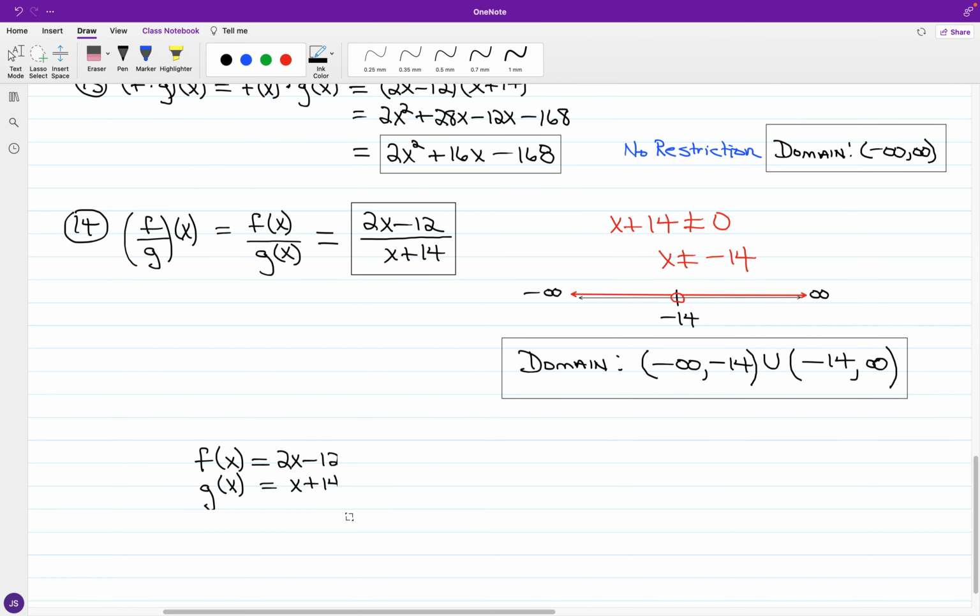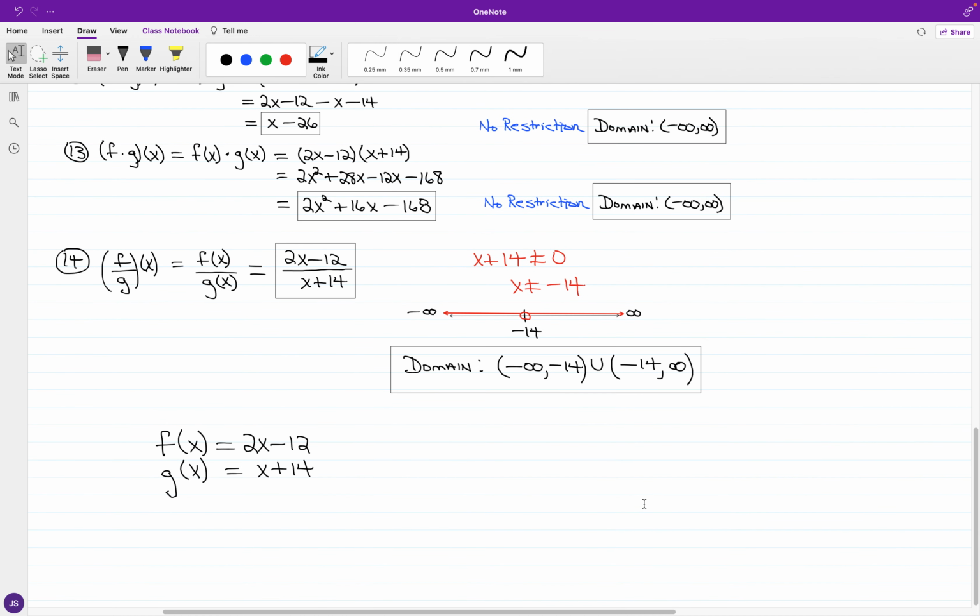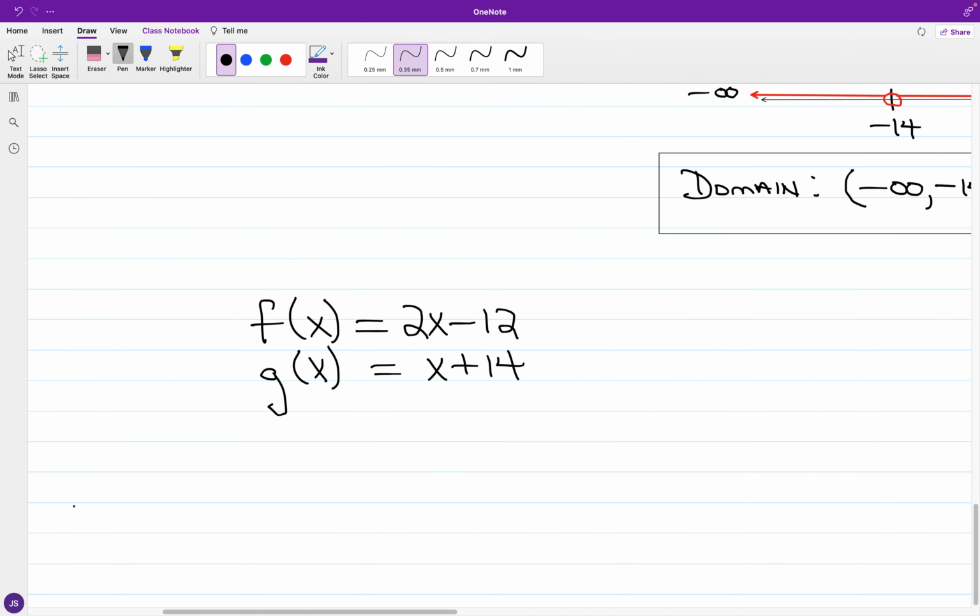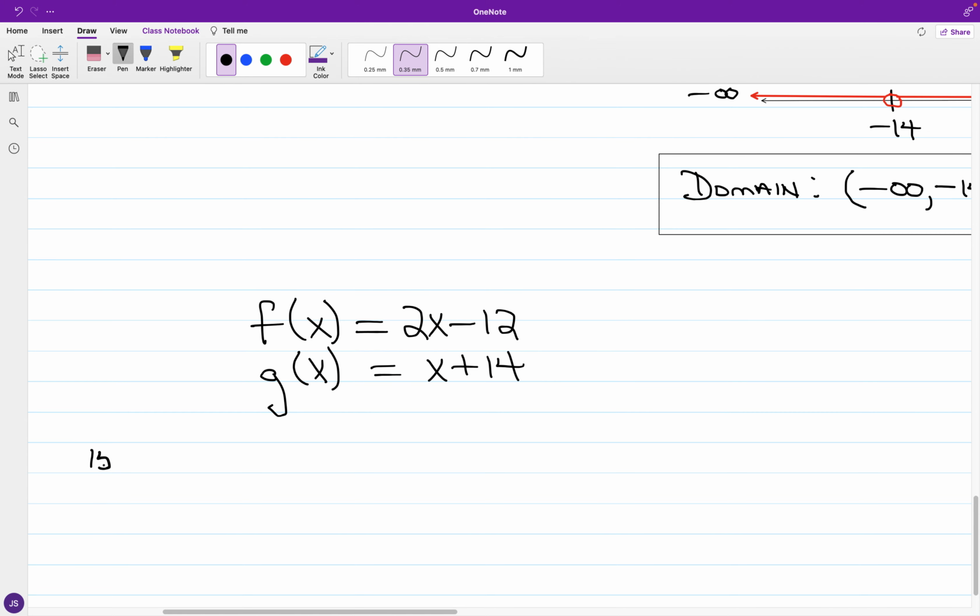So with these functions, if we're looking at the composition, where we have f composed with g of x, we're now looking at f of g of x.